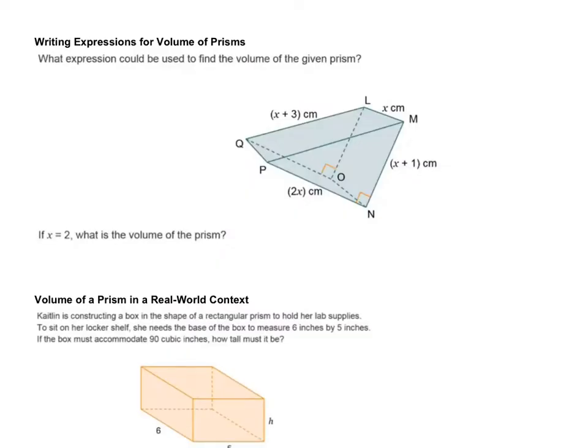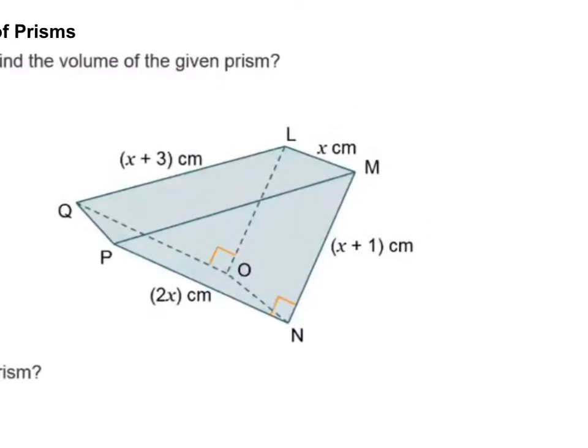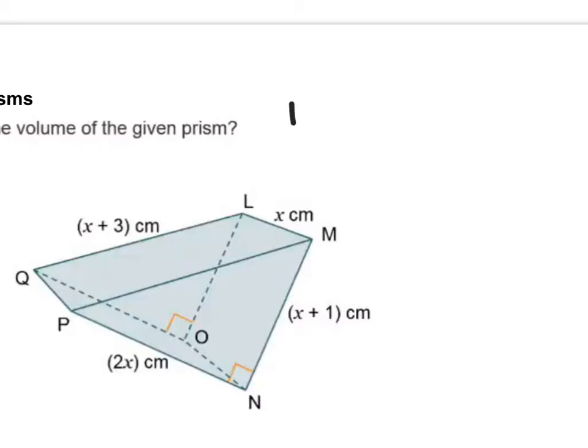On this one, we want to write the expression for the volume of a prism. So let's take a look at this guy. I have a triangular prism, and let's do this really quick. Volume is equal to the area of the base times the height.